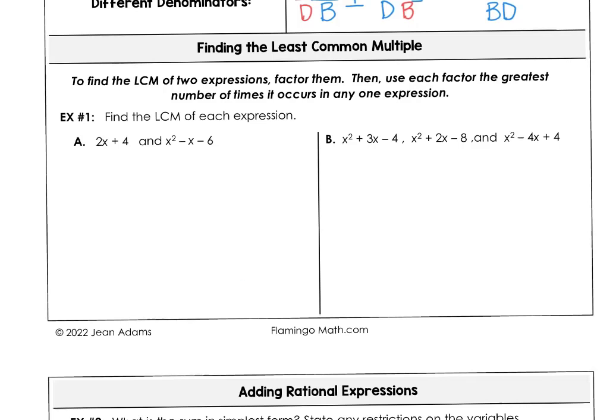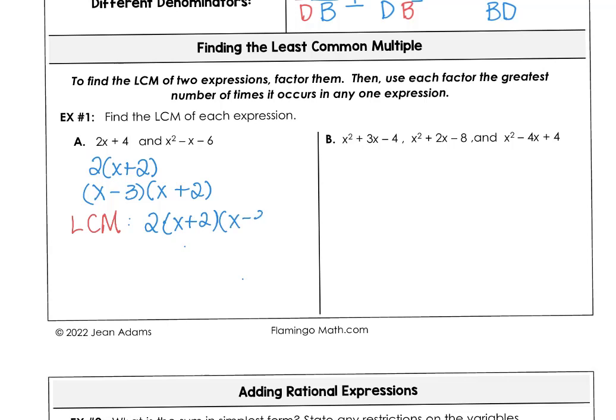So let's give some of these a try. I want to be able to find the least common multiple for the expression 2x plus 4 and the expression x squared minus x minus 6. So I want to factor x minus 3 and x plus 2. And then to find the least common multiple, we would take the product of the prime factors. So that would be 2, and then x plus 2, and then x minus 3.